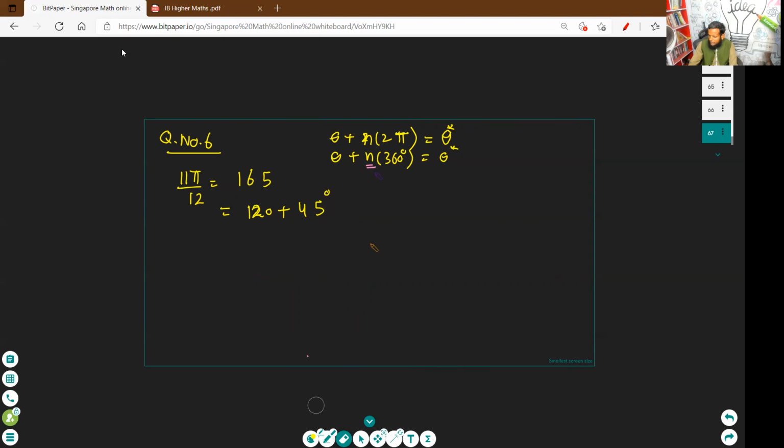N may be any number. Okay. But you take a common factor from this number. This number we cannot write as n into 360. But can n be 1/3? You want n equal to 1/3. What will be here? 1/3 of 360, 360 plus 45.